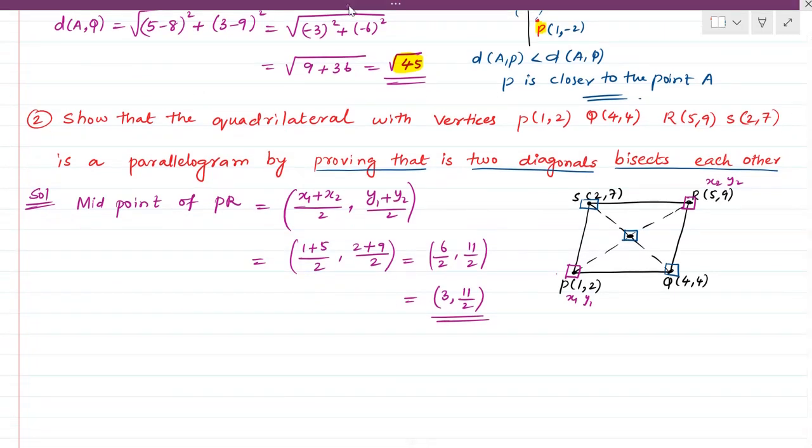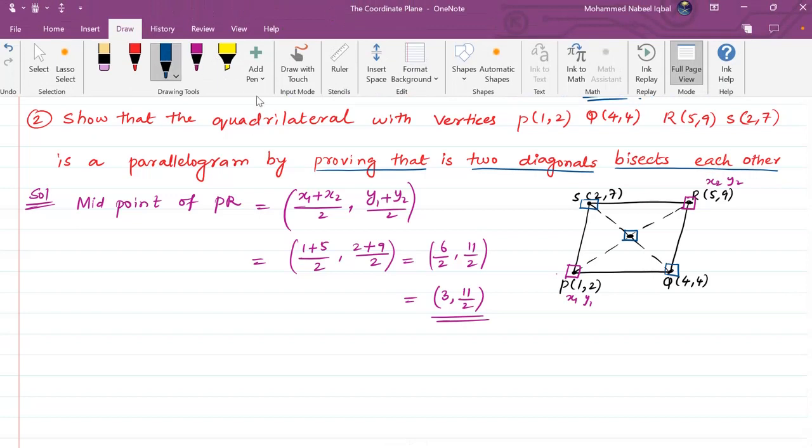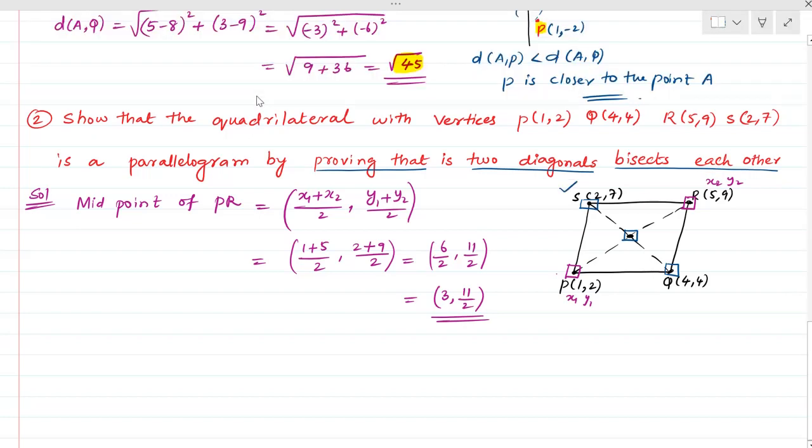You should get the same midpoint in order to prove they bisect at the same point. Let us take Q and R and calculate the midpoint of QR. Just substitute the values. This is x1, y1, and this is x2, y2. You can change the order, no problem, because you are going to add them. (4 plus 2) over 2, then (7 plus 4) over 2.